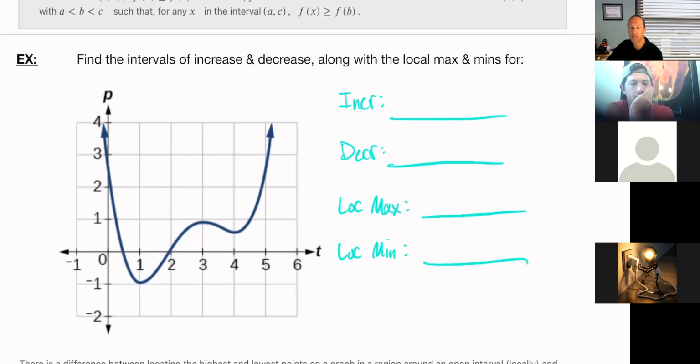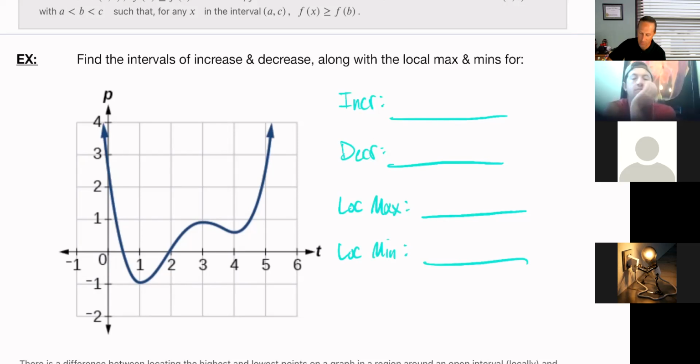Hopefully you're able to look at that and think it through a little bit. What are the most important points? How many of them are there, first of all? 3. Very good. They're so important, we're going to call them critical.